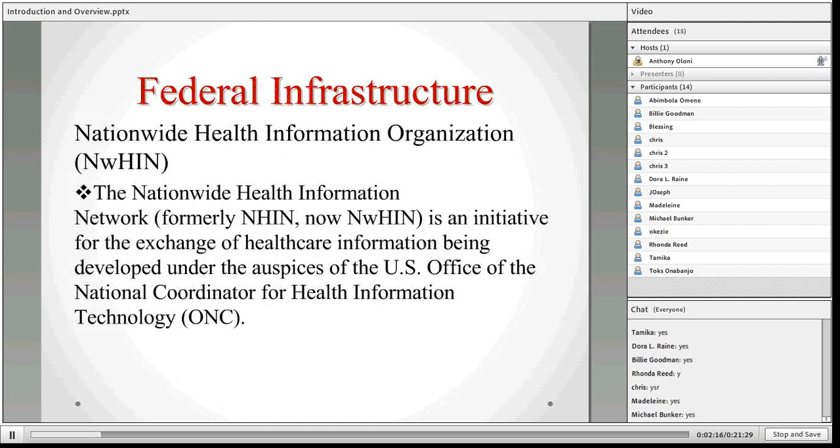Informatics is a very new field in the American healthcare system, and I like to approach informatics from the perspective of top down. So during this course, we're going to look at what the federal government's role is in health informatics in the United States. The federal government has put into place a structure called the National Health Information Organization, which has recently been changed to the Nationwide Health Information Network.